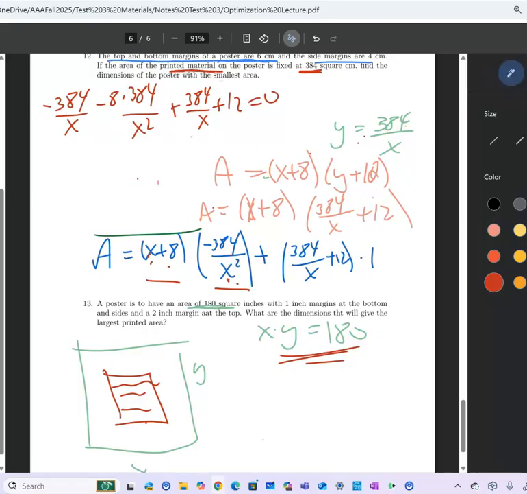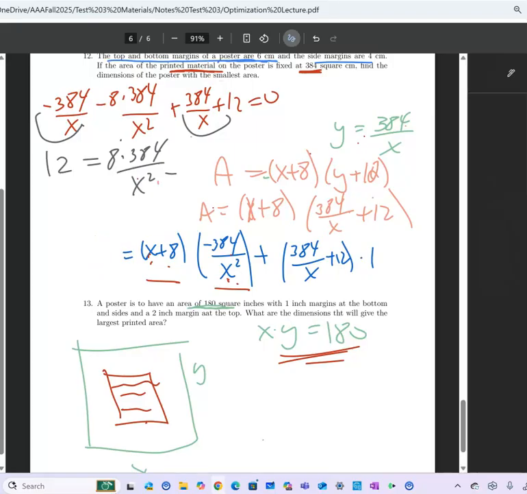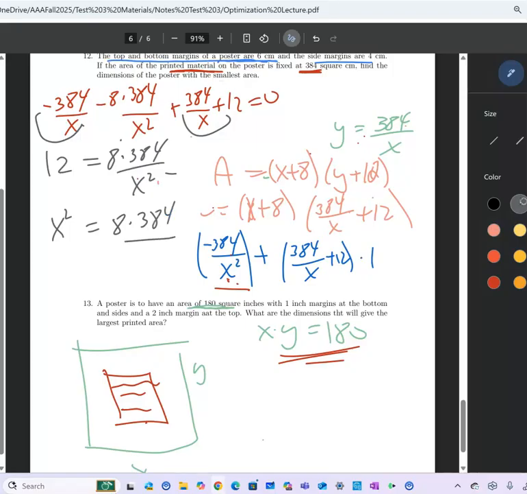I think I see lots and lots of things canceling. This cancels with this, right? And if I move this to the other side, I get 12 is equal to 8 times 384 over x squared. And then I can continue on, multiply by x squared. So x squared is equal to 8 times 384 over 12.